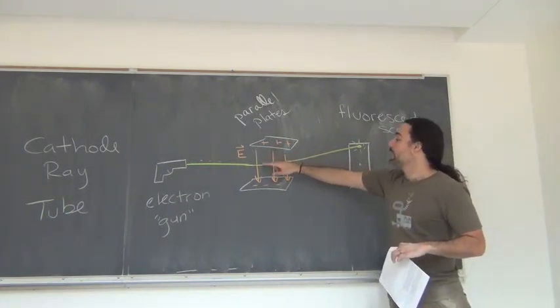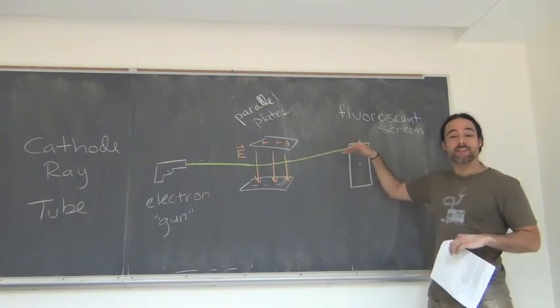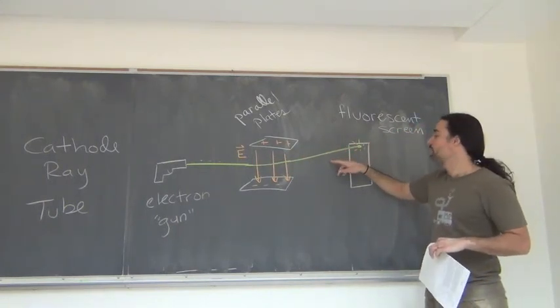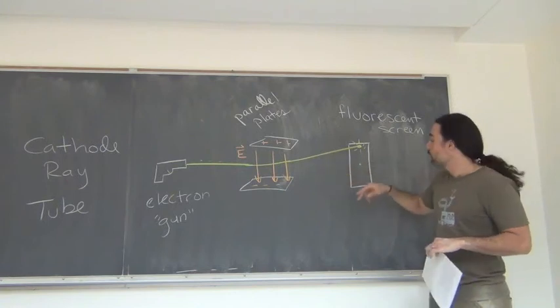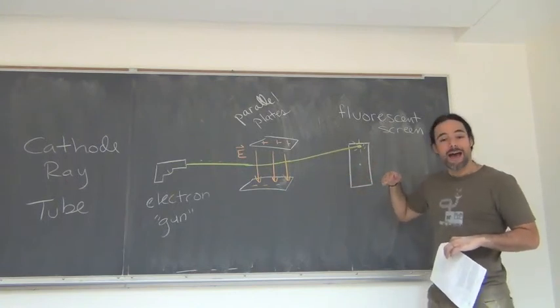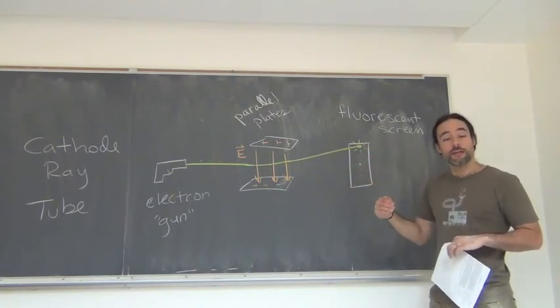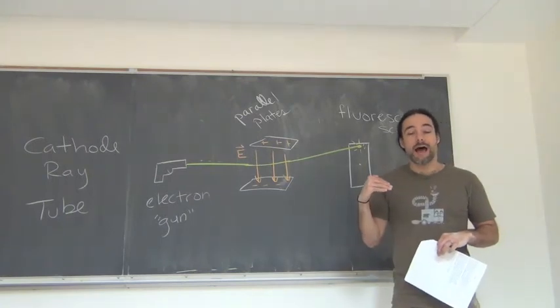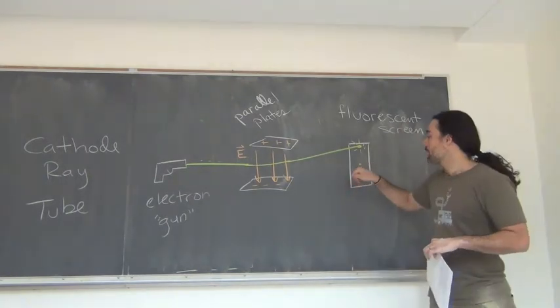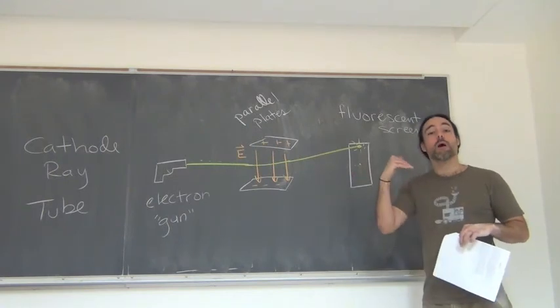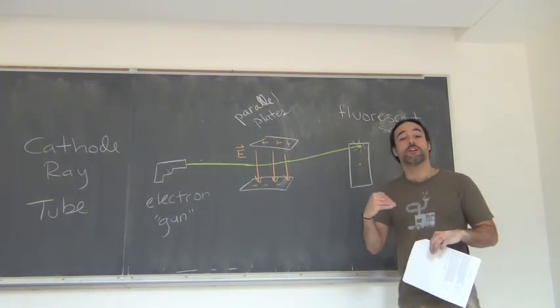So it will be related to the amount that this beam is going to be deflected. So just by measuring how far up the dot goes on the screen, we can figure out how strong the voltage is in our circuit.